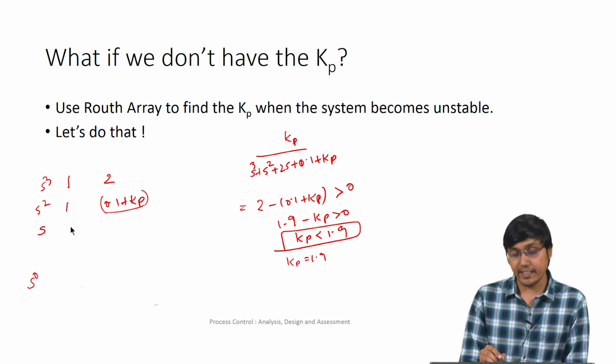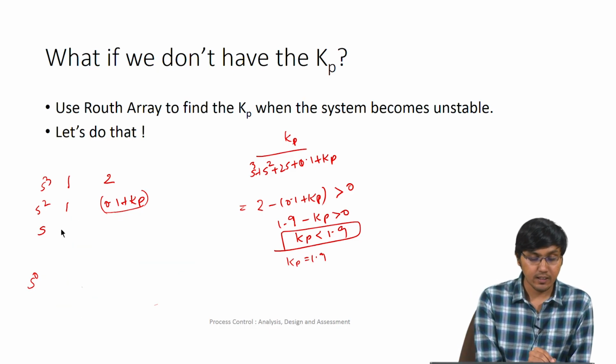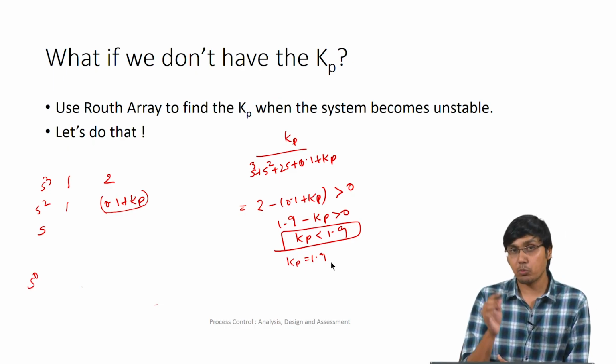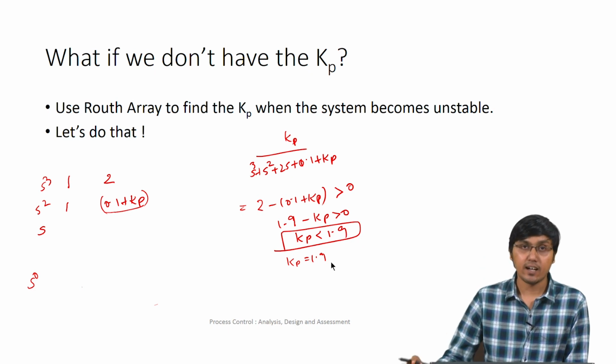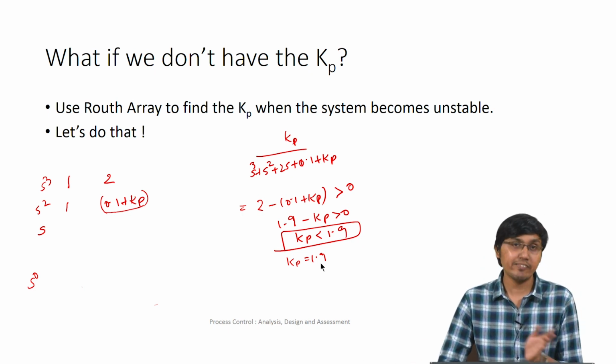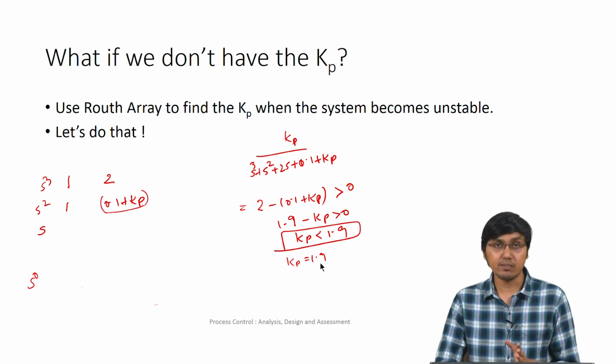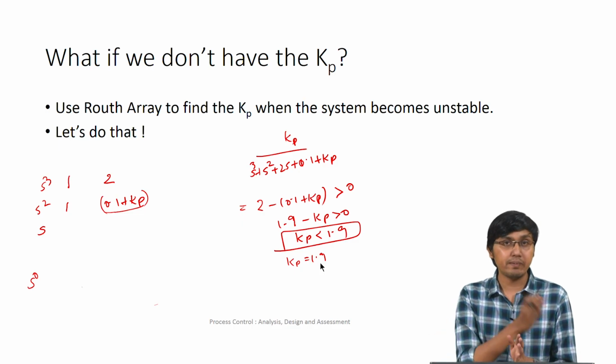So when Kp is equal to 1.9, what basically happens is we will see that the poles are on the imaginary axis, and we will see that a little later also. So basically now we have found the value of Kp when the system will go from being stable to unstable.